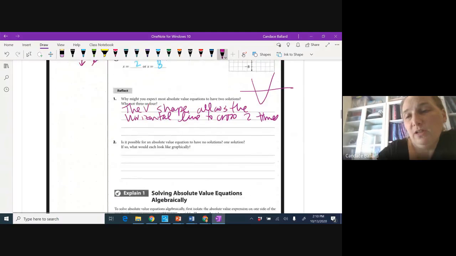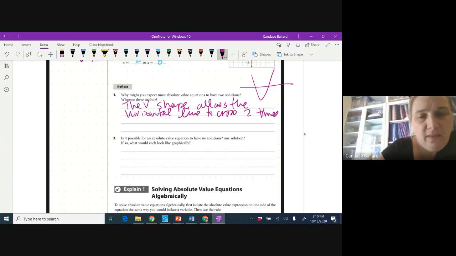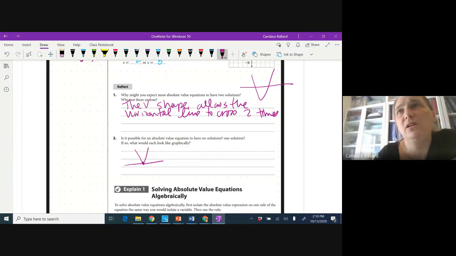What if I had a horizontal line and I drew it like this? Tell me in the chat, how many solutions would that one have? So how many times did it cross, basically? Tell me you're paying attention by putting it in the chat. How many times did that cross?